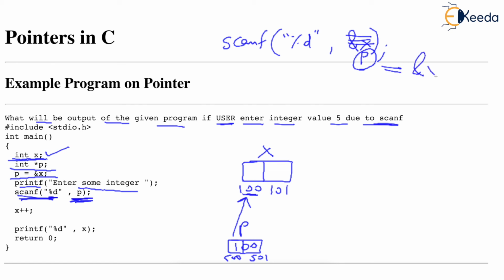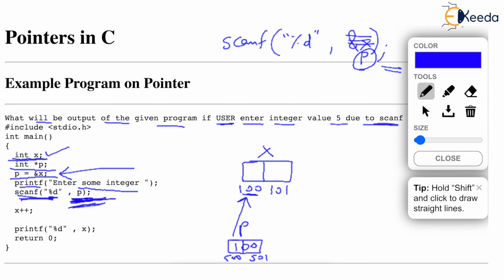P is storing the address of X, and that's what we did at this particular line. So do you agree that scanf %d &X or scanf %d P are both the same? Writing P over here means &X. Whatever value you scan through the keyboard will go to the address of X, because P is nothing but the address of X.